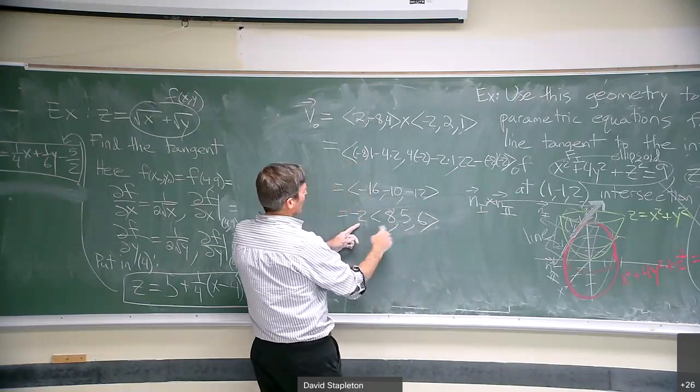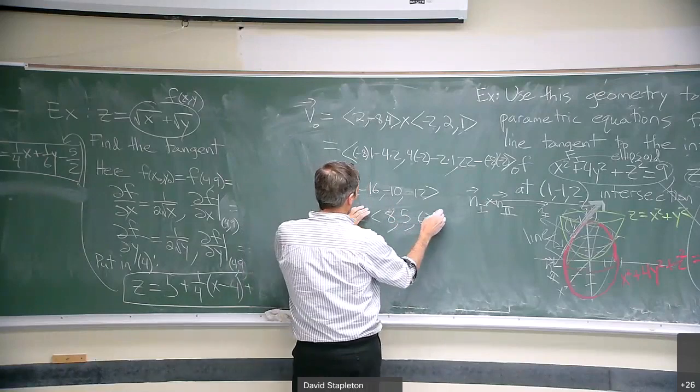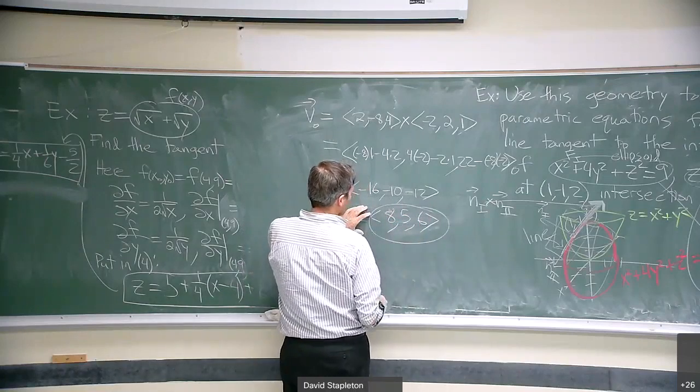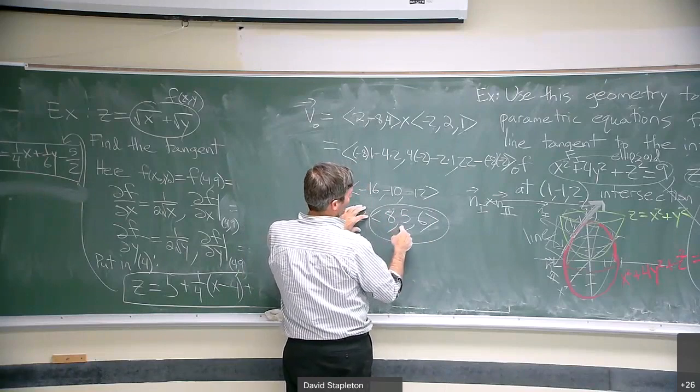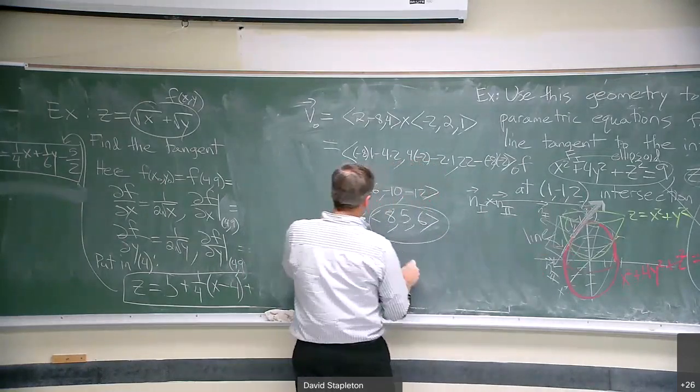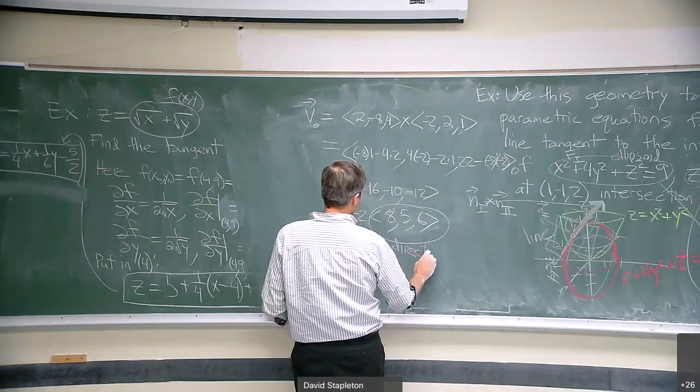So this is a normal vector. Also, if you take the minus 2 out, that's a normal vector too. So we can call this, not the normal, this is the direction vector for the line. We can call this a direction vector as well as minus 2 times that.